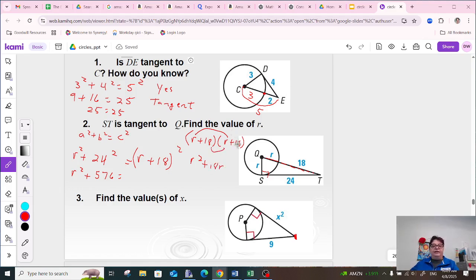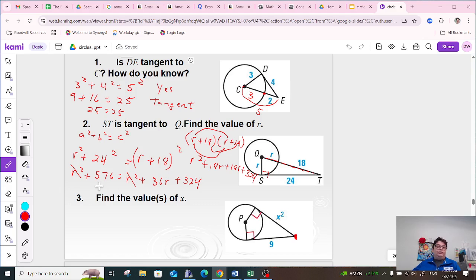And then you get another 18R. And then you have to multiply 18 times 18, which was what? 324. When I add the 18 r's together, I get R squared plus 36R plus 324. These R squareds cancel out.